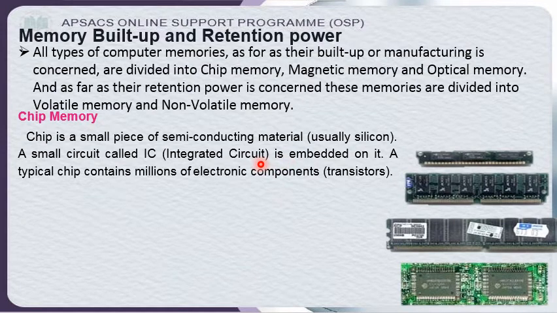Means a chip is an IC or small circuit which contains a component known as a transistor. These transistors are electronic components embedded inside an IC, and on one IC or chip memory we have millions of these transistors or components.